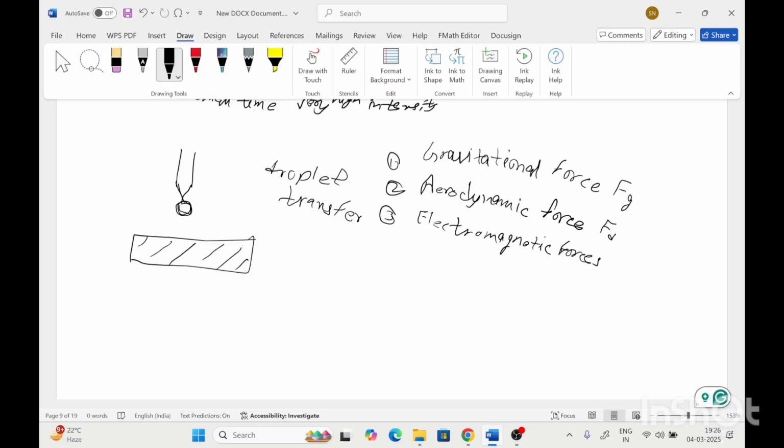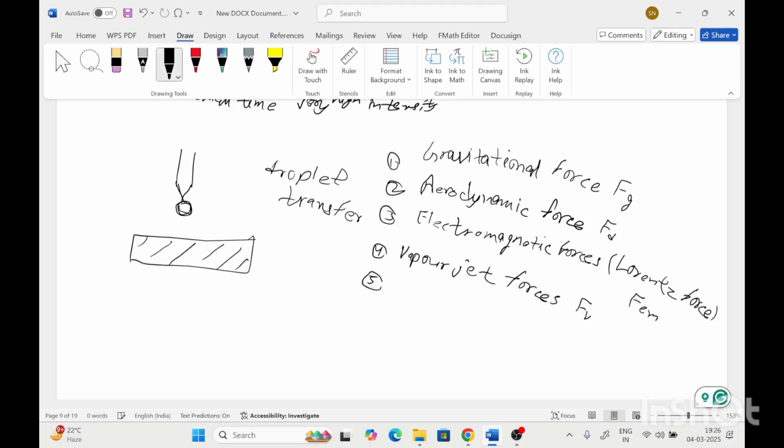This is also known as the Lorentz force, FEM. The fourth force is the vapor jet force, FV.